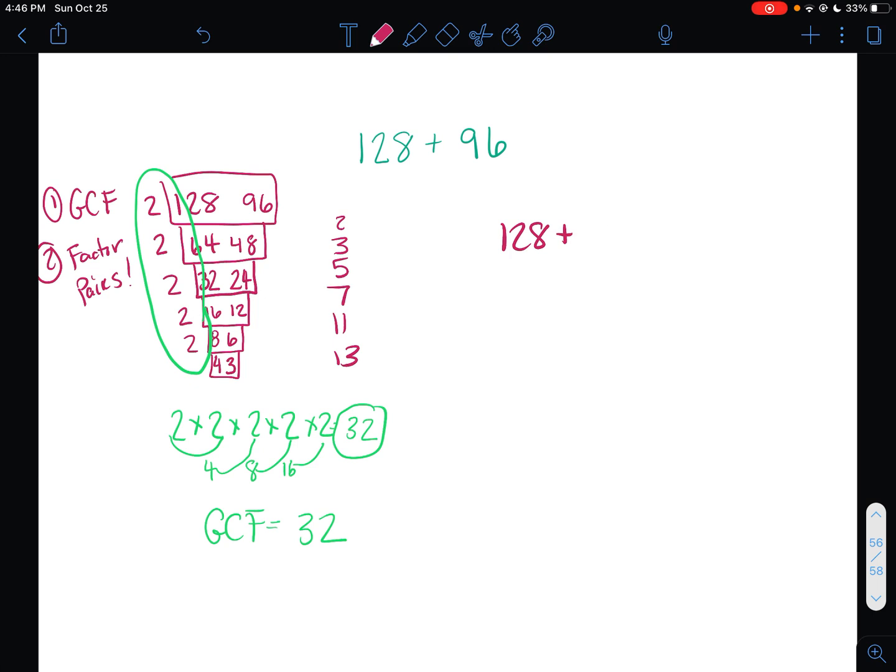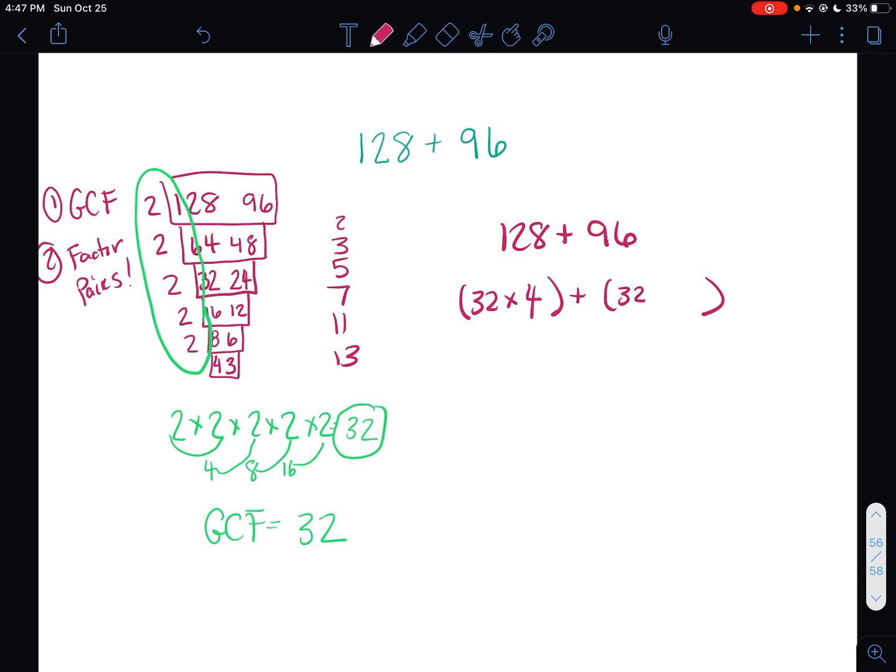So we need to rewrite 128 plus 96 using factor pairs. Don't forget you want to use your greatest common factor in your factor pair, so it's 32. So 32 times something is going to get me 128, and it would be 32 times 4. You always know that you can divide 128 by 32 to figure out what the other number is.